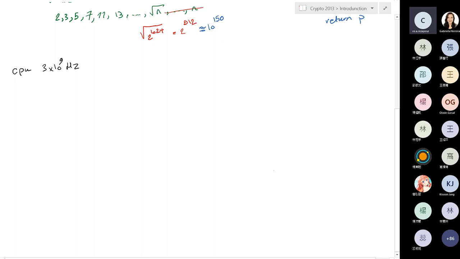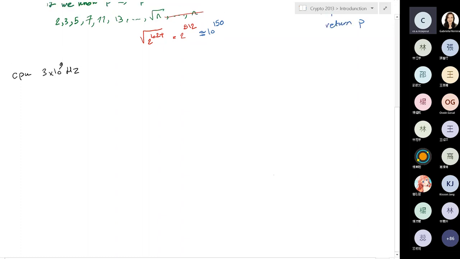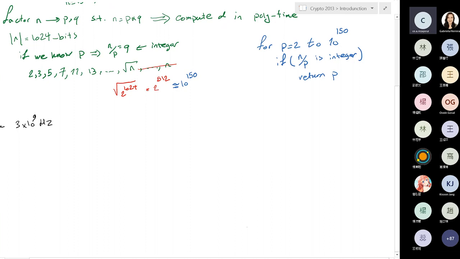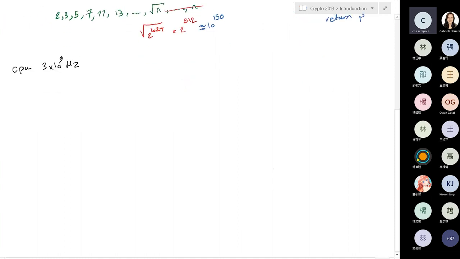The example is like, suppose I give you a core like this, and suppose that you had this CPU from the beginning of the universe. Then we want to see how many computations of this for loop we could have run if we had started this computation from the beginning of our universe. So this is a very big claim. Let's see what that means.